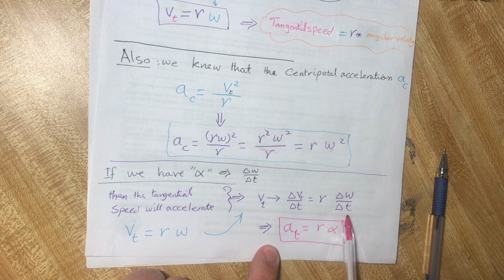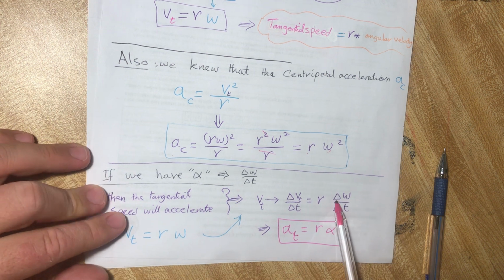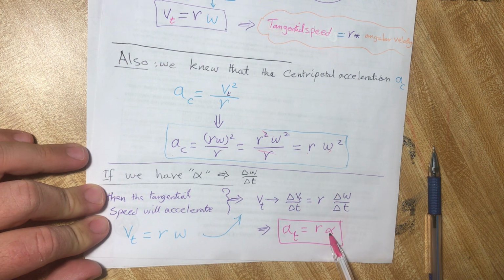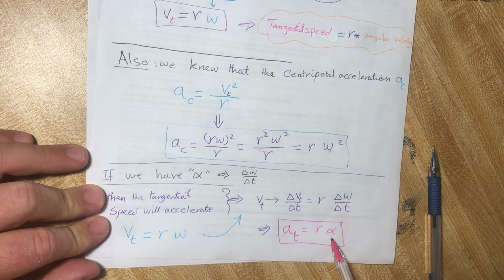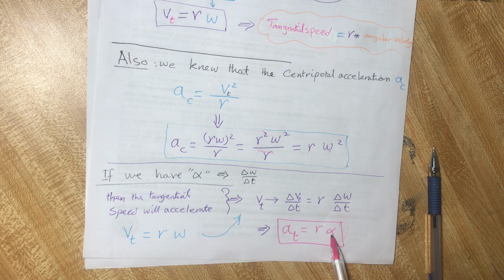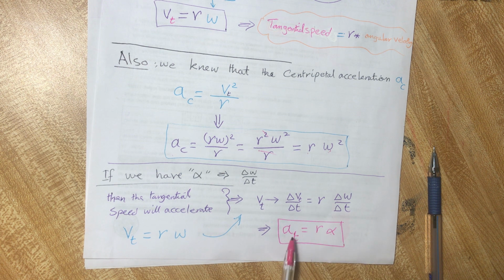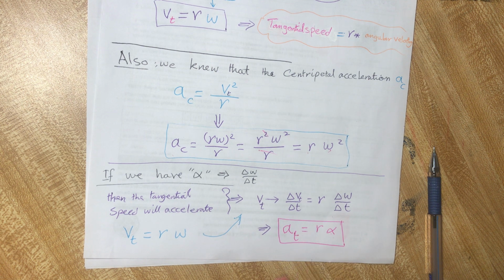With respect to time, on both sides, delta omega over delta t is alpha, which is the angular acceleration. So the tangential acceleration is equal to r multiplied by the angular acceleration. Now the tangential acceleration is connected to the angular acceleration by r also.